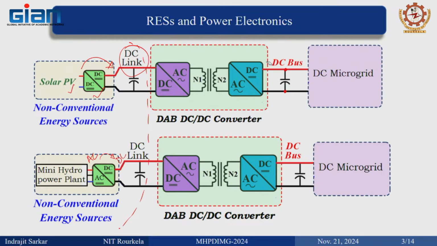We have the machine, then we have back to back converters, and then you connect it to the grid. This is AC to DC, this is DC to AC. This is the grid and this is the machine, induction generator, or sorry, this converter fed synchronous machine.